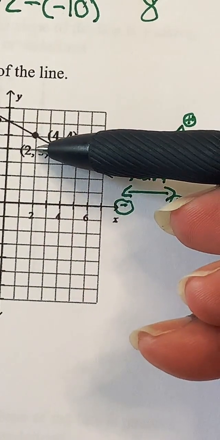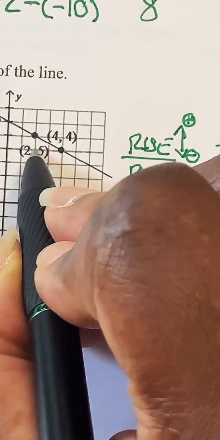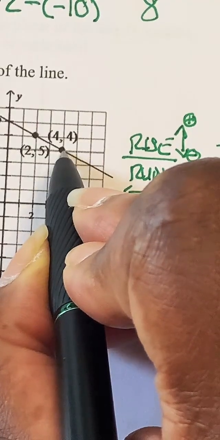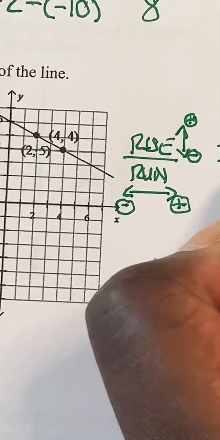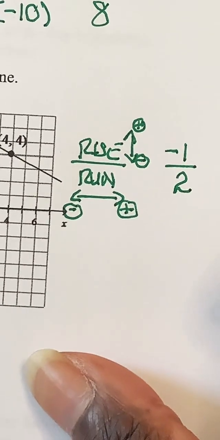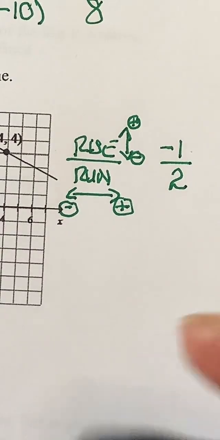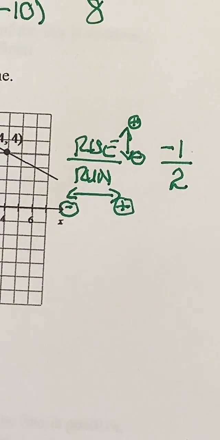Now, I go down 1 block, so that's a negative 1. Then I go over 1, 2 to the right, and it's going to be a positive 2. So my slope is actually going to be negative 1/2. All right. Questions on that? Good.